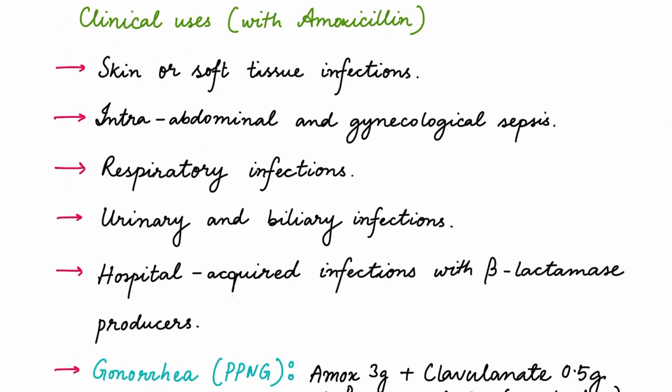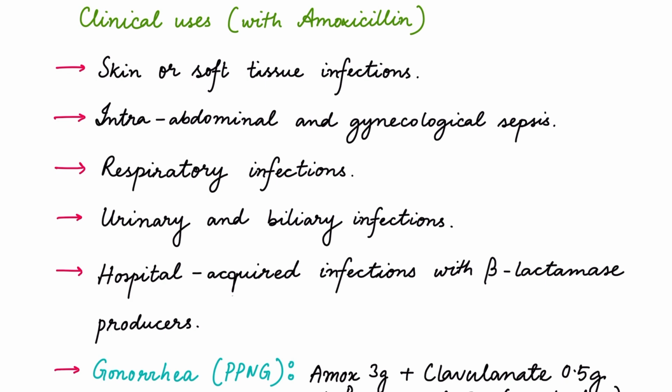Clinically, clavulanic acid is always used in combination with amoxicillin. This combination is commonly prescribed for skin and soft tissue infections, intra-abdominal and gynecological infections, respiratory tract infections such as sinusitis, otitis media, and bronchitis, as well as urinary and biliary tract infections.